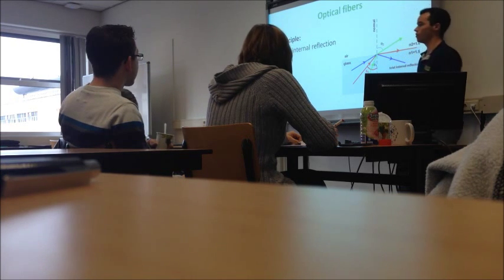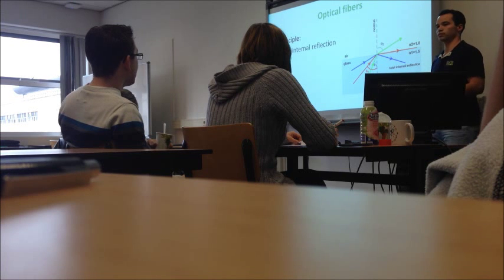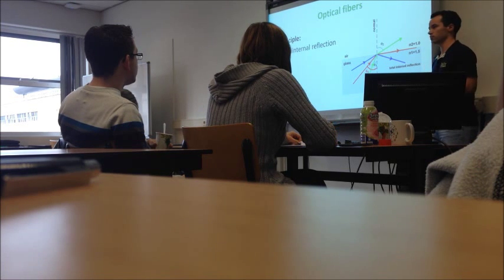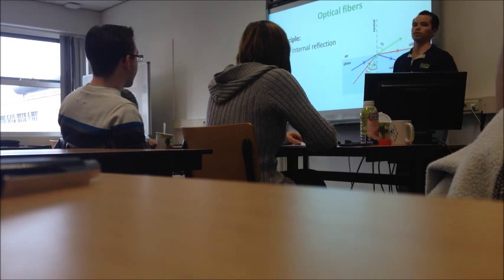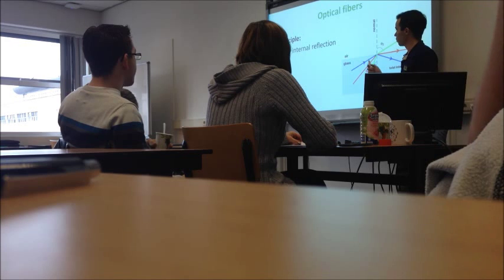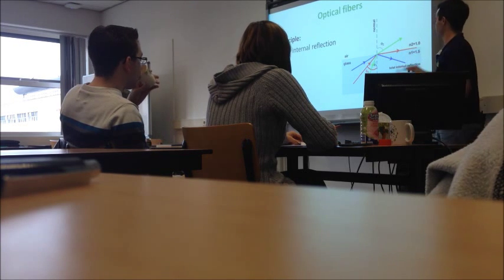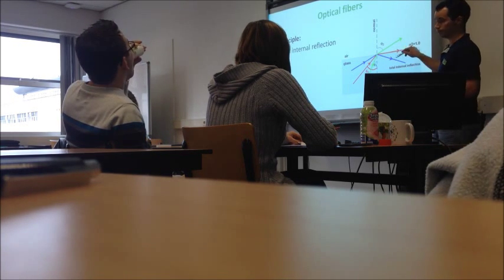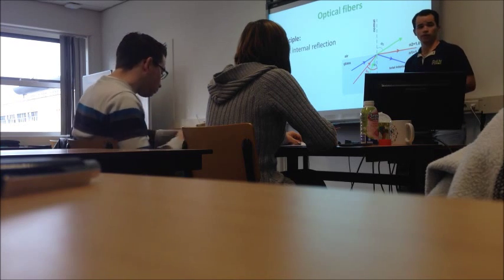I don't know how much you know about optical fibers, because for physicists it's a very basic concept. But I don't know if I really need to go into details. But does everybody know how optical fiber works? Okay, so let me explain. It's mainly based on the principle of total internal reflection, which is you have two different media with different refraction indexes.